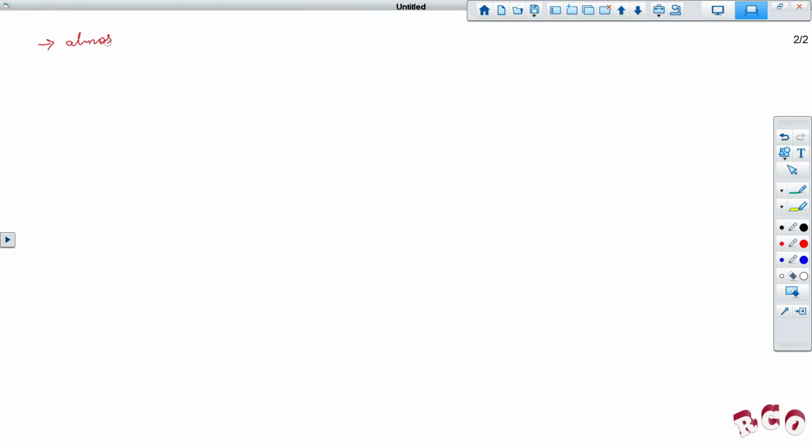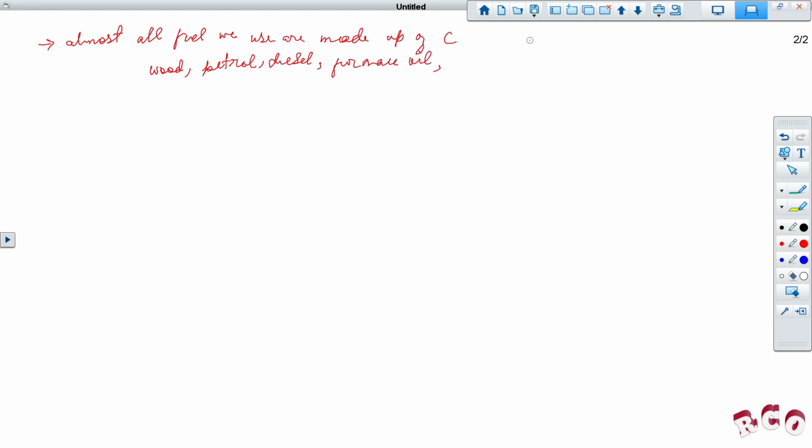Almost all the fuel we use is made up of carbon. What are the fuels that we use? Wood also contains carbon. Petroleum, which can be diesel, petrol, furnace oil, grease, and wax.